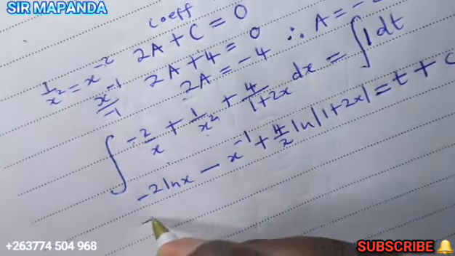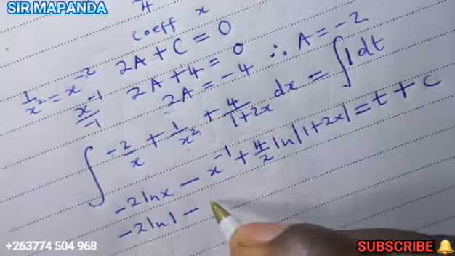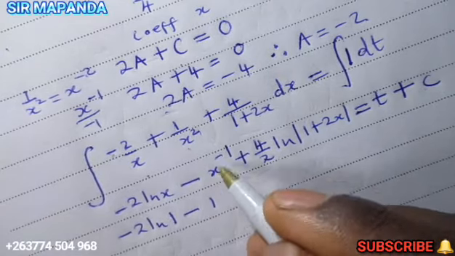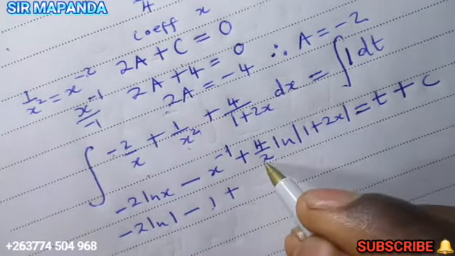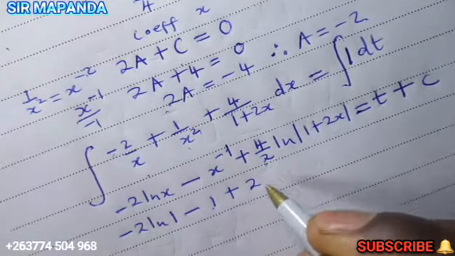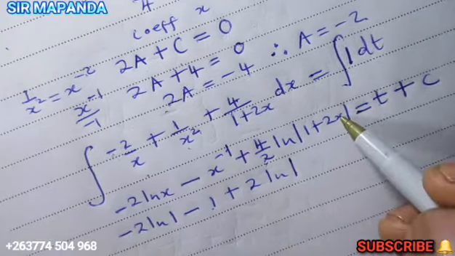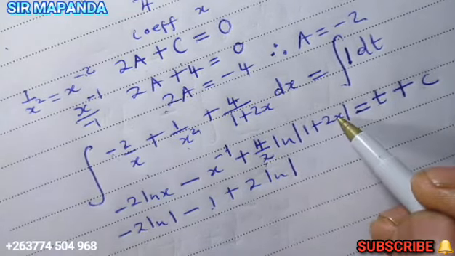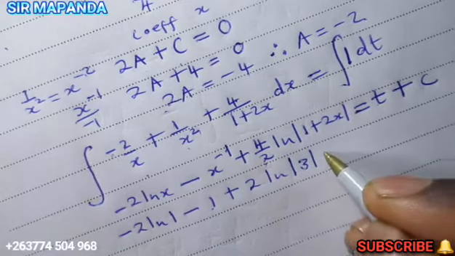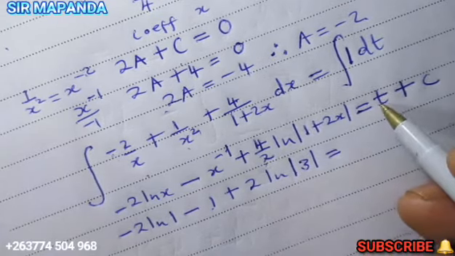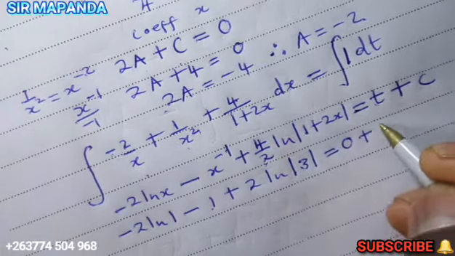You get minus 2 ln 1 minus 1, since 1 to the power of minus 1 is 1, plus 4 divided by 2 here, you get 2 ln modulus of 2 plus 1, it gives you 3 here, is equal to, remember when t is 0, put 0 on t plus c.